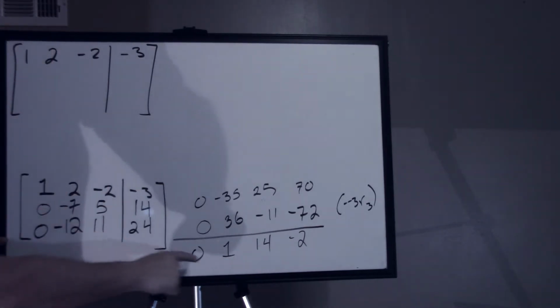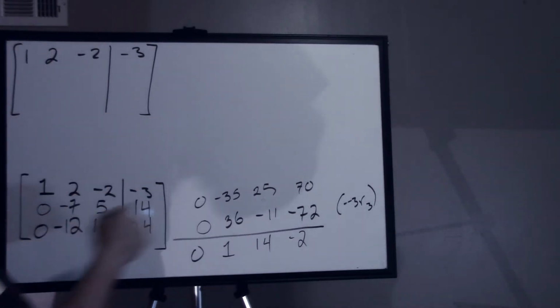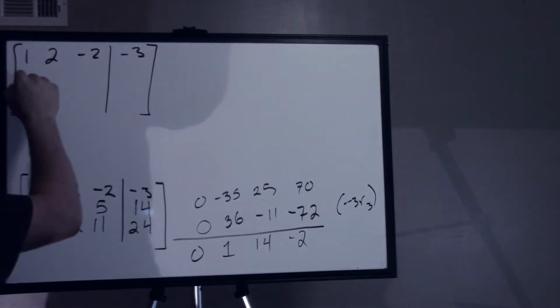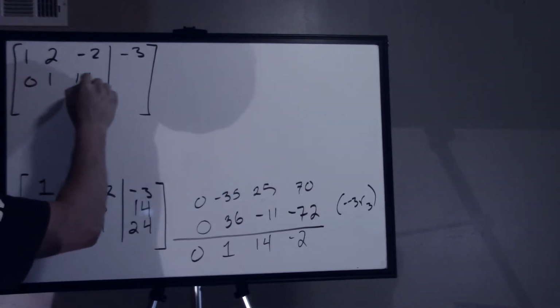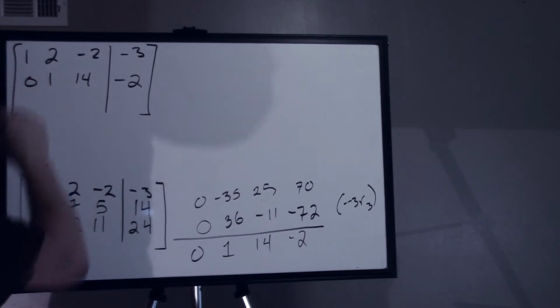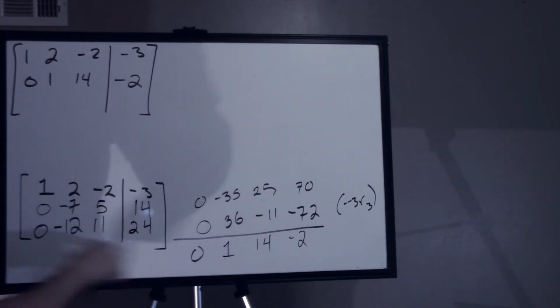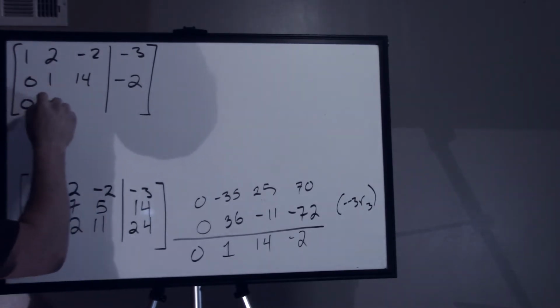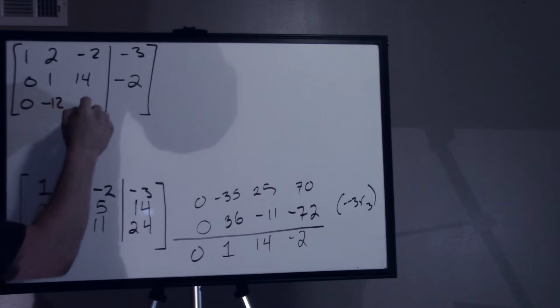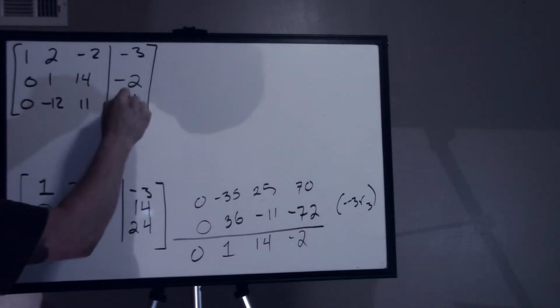Its row 2 is now 0, 1, 14, and -2. Okay. And then my row 3 I didn't change. 0, -12, 11, and 24.